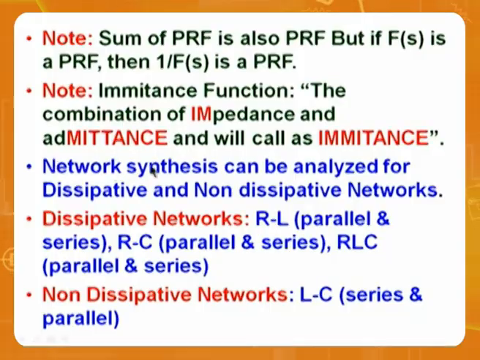Next, network synthesis can be analyzed for dissipative and non-dissipative networks. If a function is given, you have lots of ways of doing it. The realization or synthesis is not unique. If you go for analysis, whatever technique we use, the answer is 5 amperes means 5 amperes, that's all.